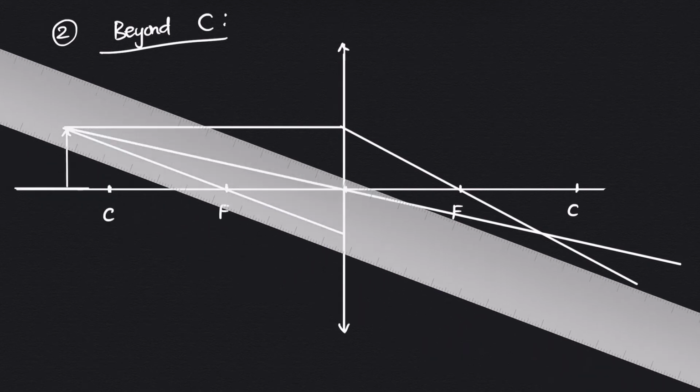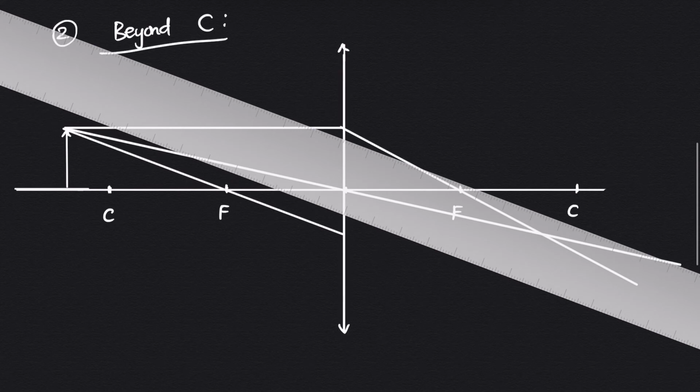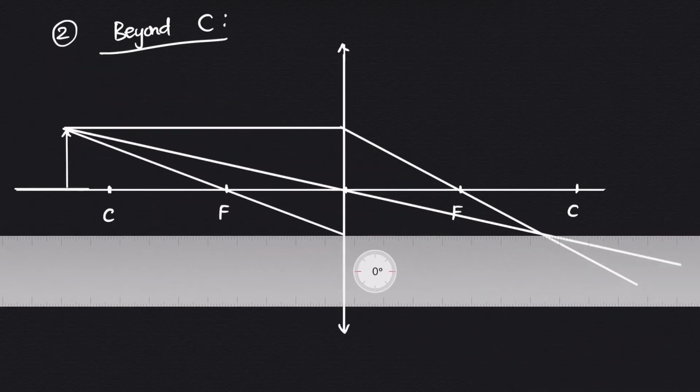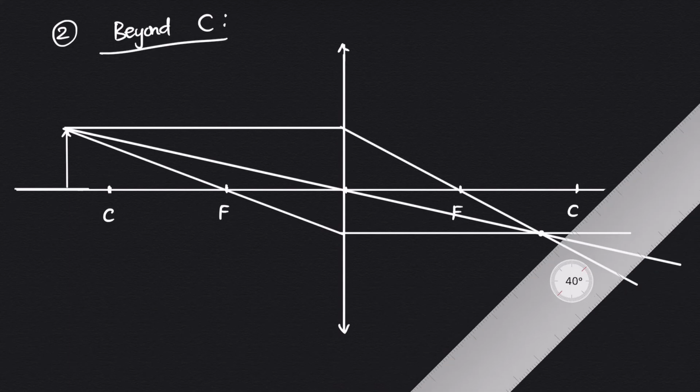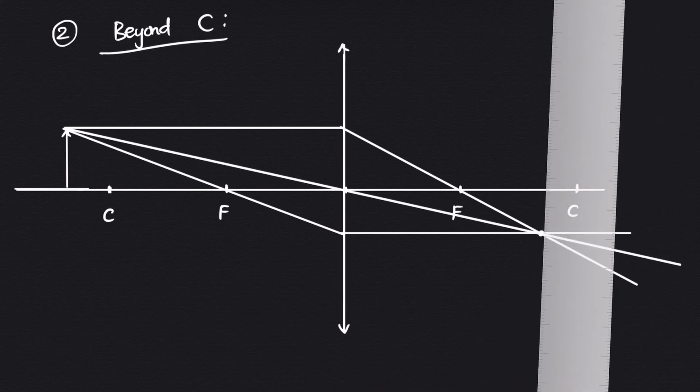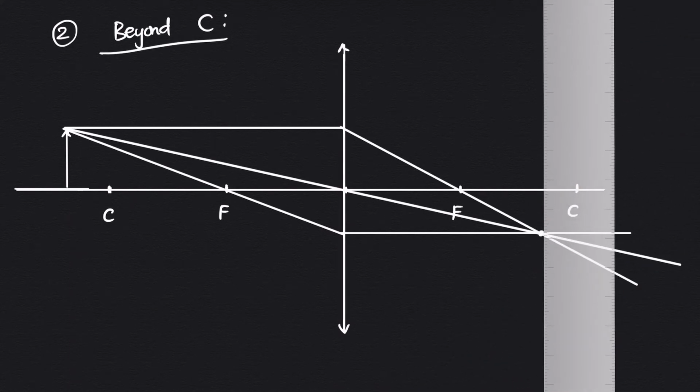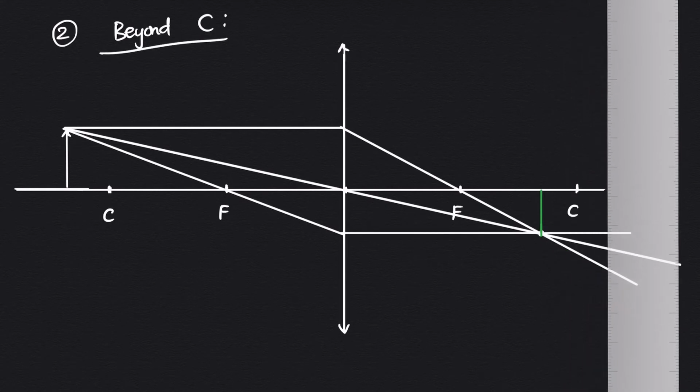And then draw a parallel line there. So the intersection point is where you end up getting the image. This is the image and this is the object.